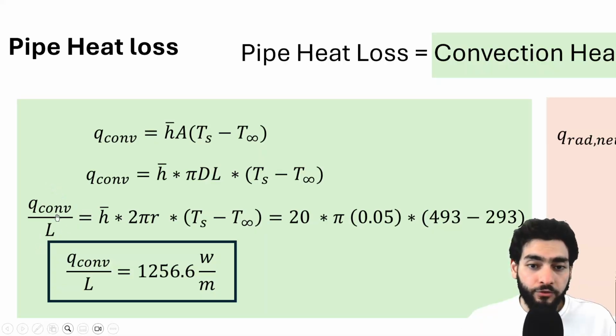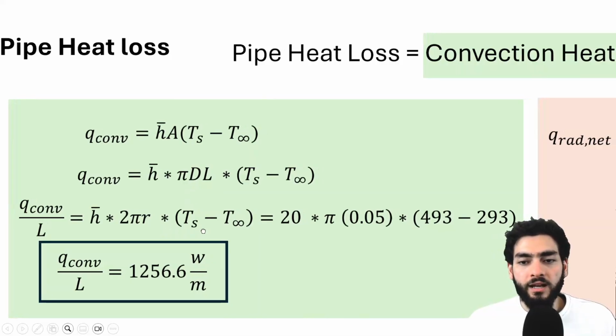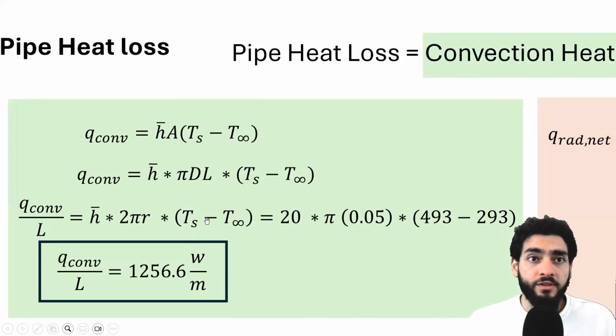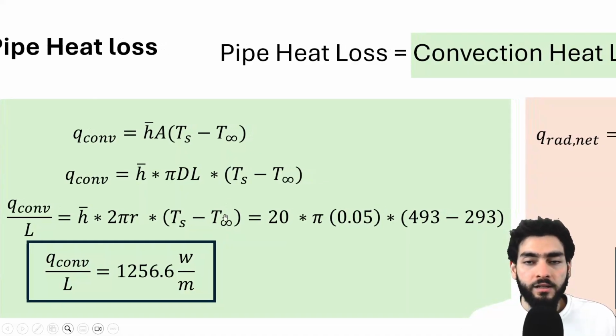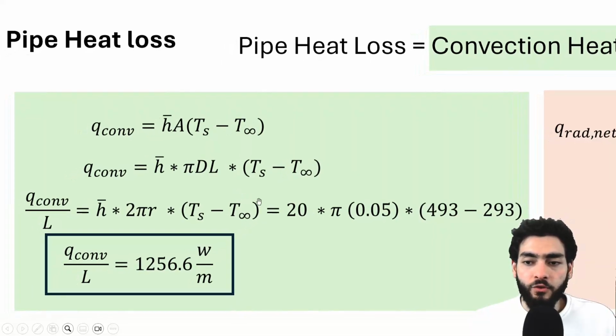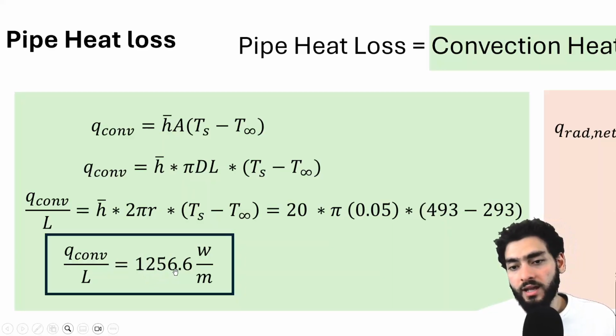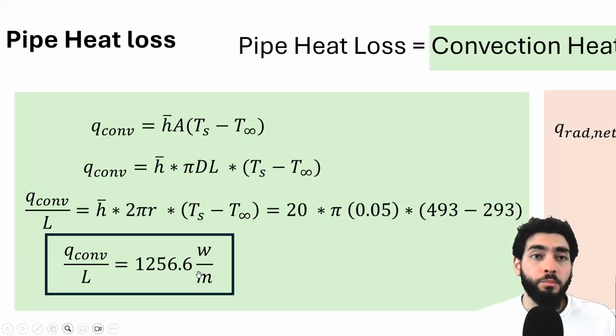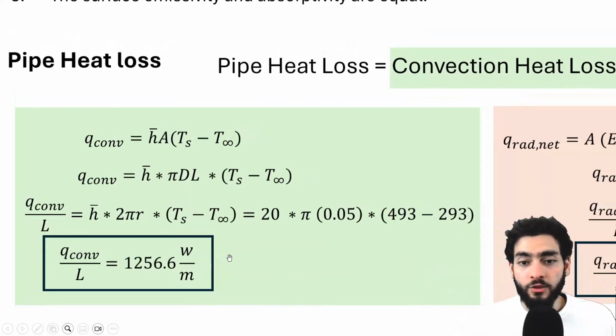So we have the heat flow per length of the pipe is equal to the average convection coefficient multiplied by 2 pi r, which is the same thing as pi times the diameter, multiplied by the difference between the surface temperature of the steam pipe minus the temperature of the air. And therefore, if you compute that, you will get a heat loss per unit length of the pipe being 1,256.6 watts per meter of pipe that you have inside the room.